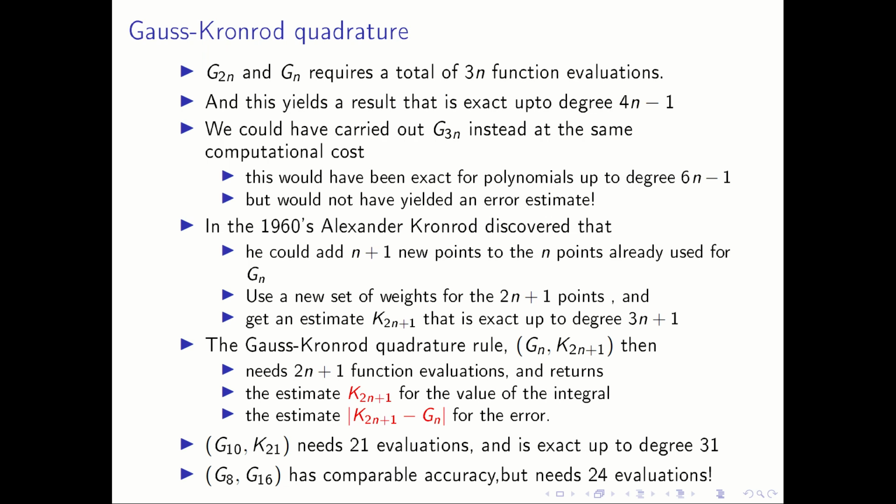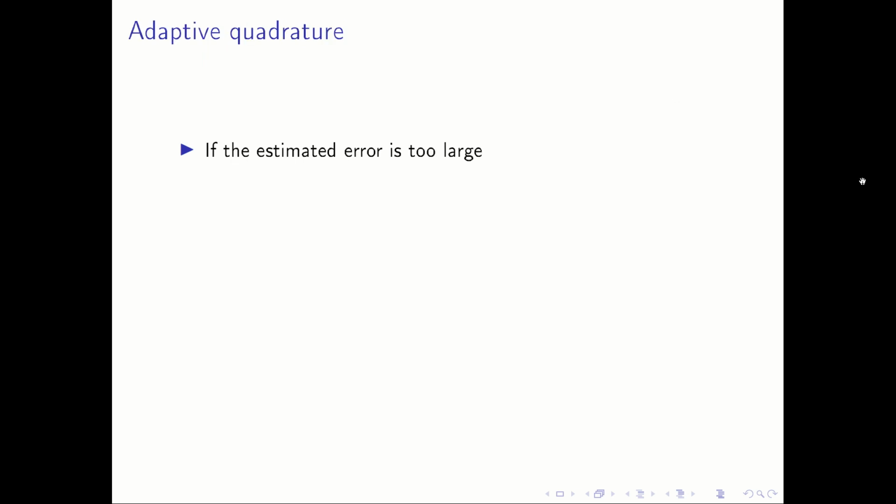Now, let me point out that this is basically laying the groundwork for what is actually done in professional numerical integration. We do not use fixed endpoint quadrature. What we usually use is what is called adaptive quadrature.